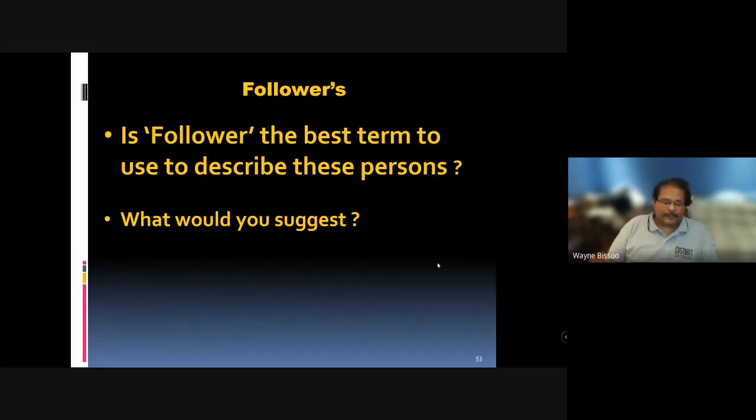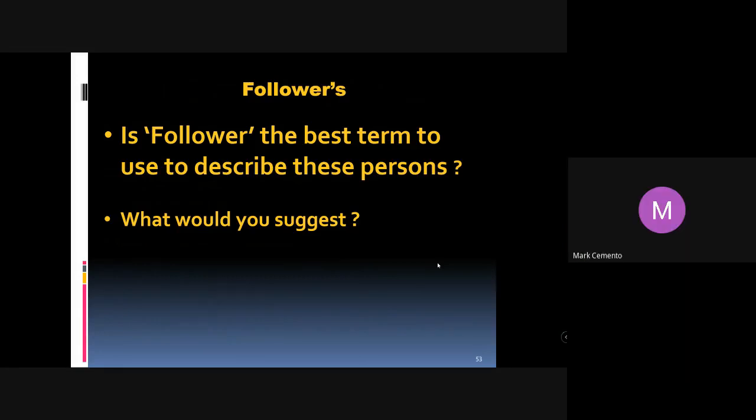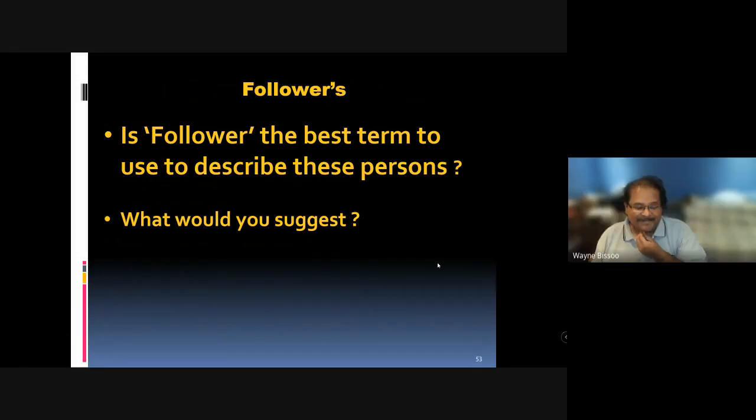Now, is the term follower a good term for us to use? Can you think of other things that you could suggest? Some organizations use associates. Think about it from that perspective. The book referred to some of them as participants. I know there are some organizations that refer to them as brother. Constituents. Yeah.